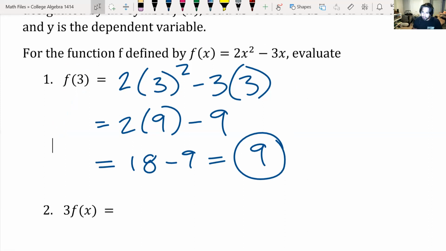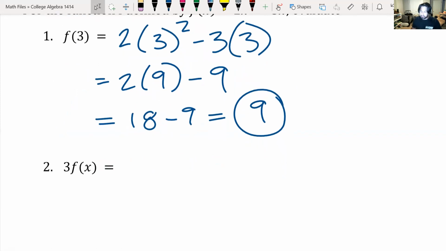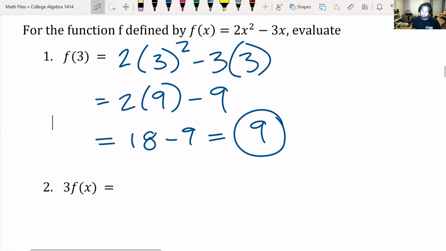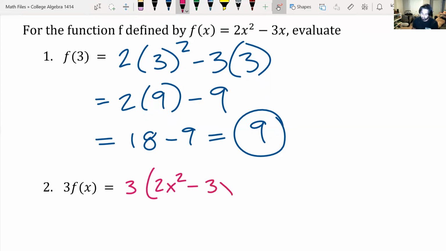All right, again. Now this operation says just take 3 and multiply the function by it. So 3 times f of x. So we'll put a 3 out front. I'll put parentheses, and then I'll put our function inside, because it's 3 times f of x. 3 times 2x squared minus 3x.